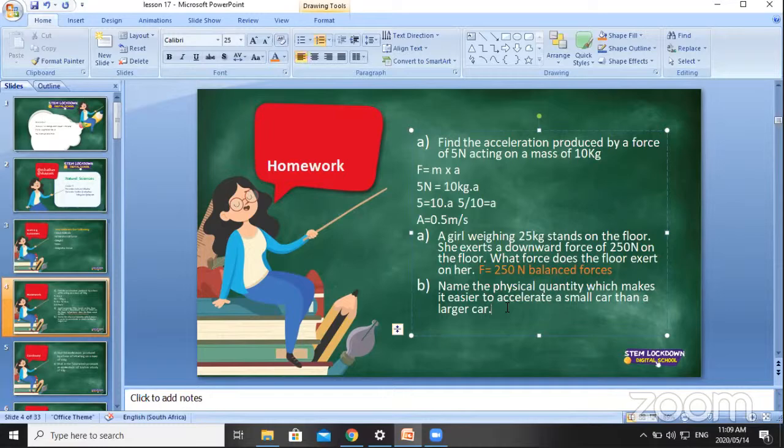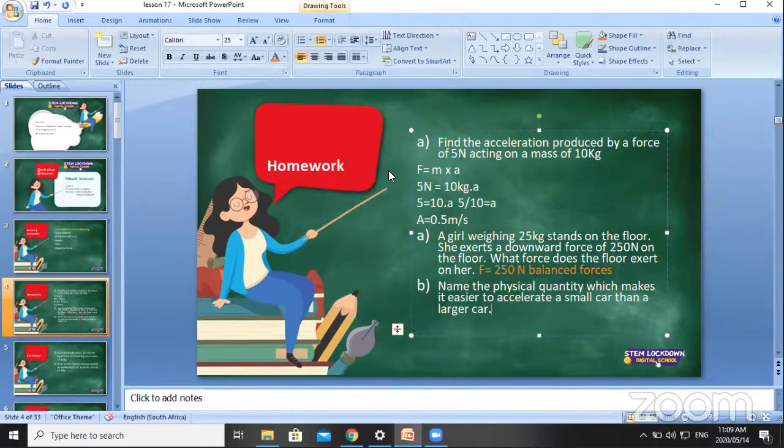And then they say to you, name the physical quantity which makes it easier to accelerate a small car than a larger car. So when you are looking at F is equal to M multiplied by A, mass multiplied by acceleration, you already know that force is not obviously visible.